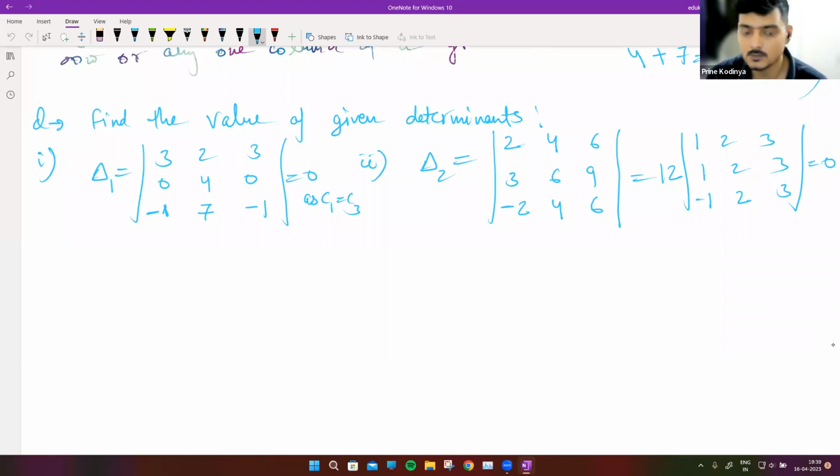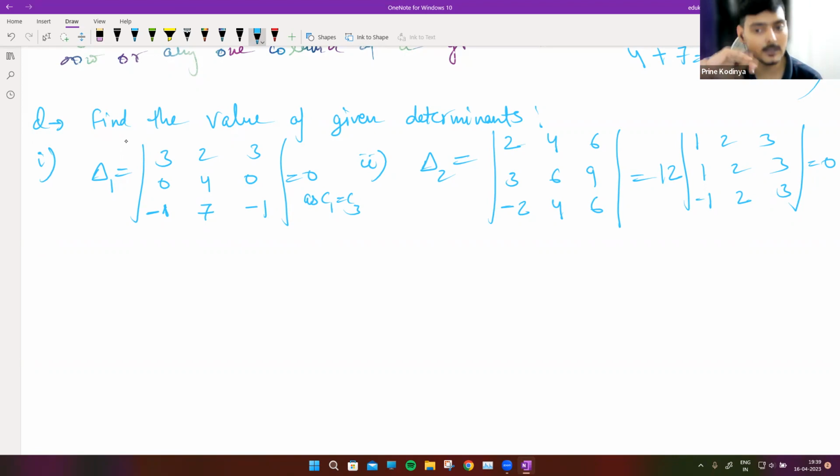Okay, let's see this 5th property. Observe the second question. Let's observe the first row and second row. In the first place, when I saw these two rows, they were not the same: 2, 4, 6 and 3, 6, 9.